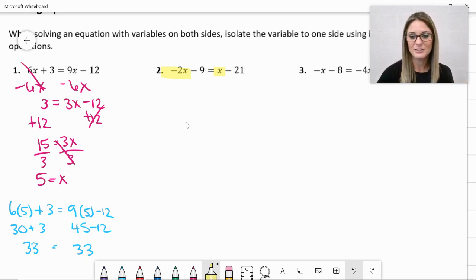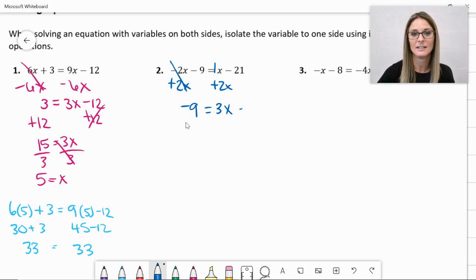So I'm going to use inverse operations to get rid of that negative 2x. So it's negative. I'm going to have to add 2x to both sides. Cancels out. On the left, negative 9. On the right, this was 1x plus 2x gives me 3x minus 21. Looking like a two-step.